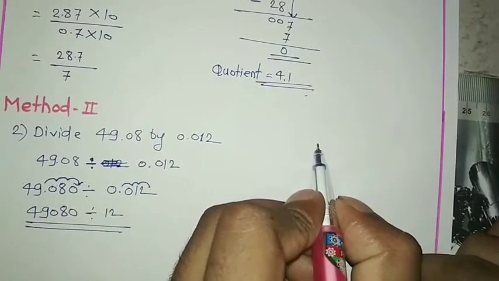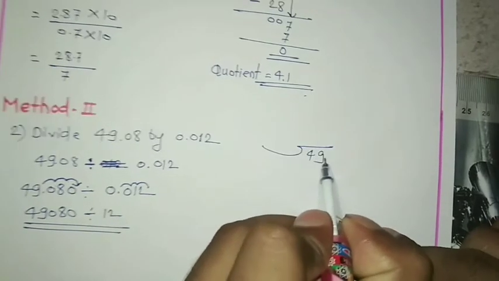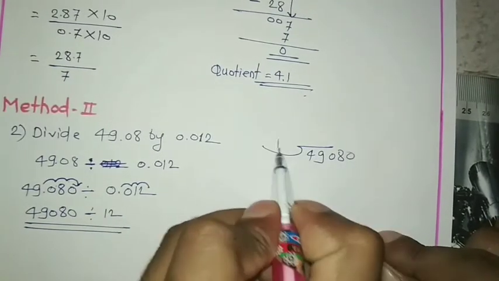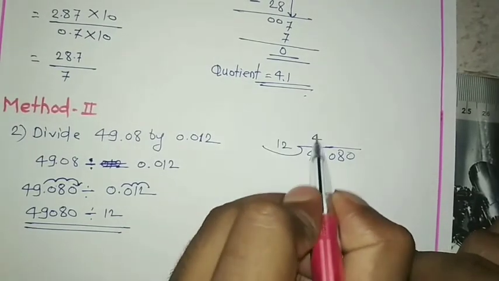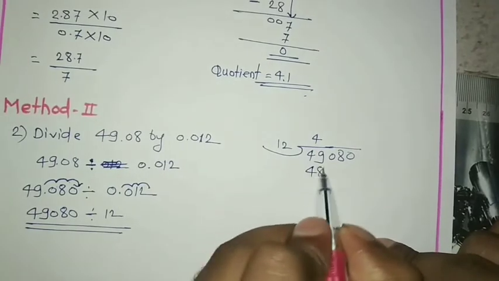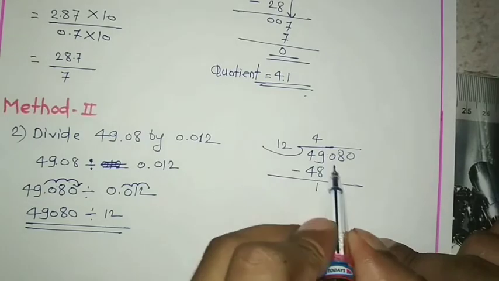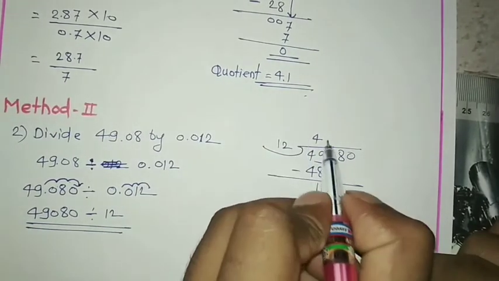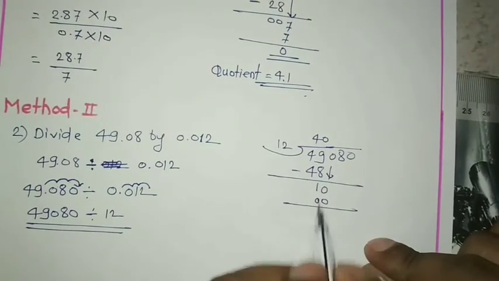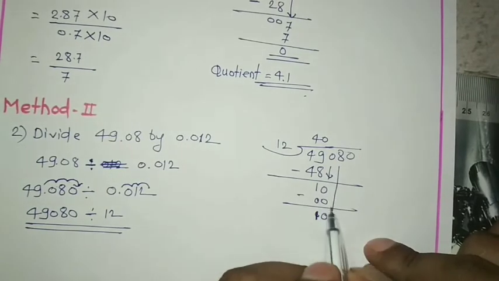So now I divide 49,080 by 12. It is very simple. 12 fours are 48. So 49 minus 48, 1 remains here. I take 0 here. 12 zeros are 0. So 10 minus 0, 10. I take this 8.